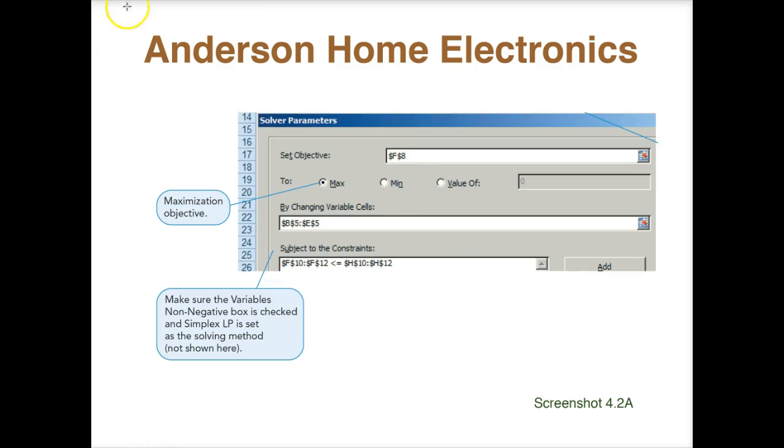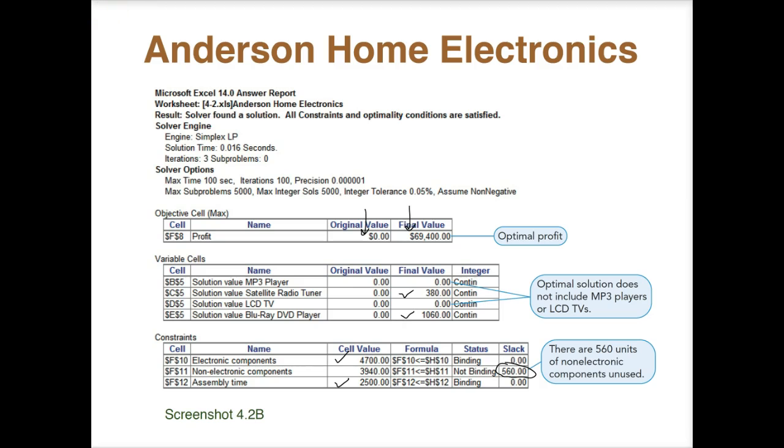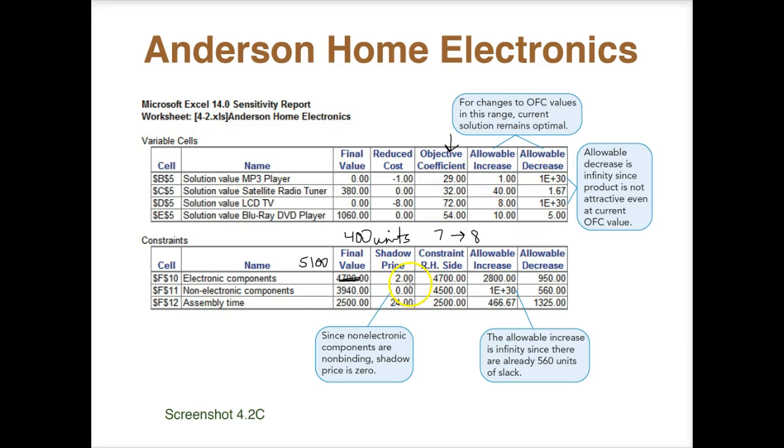And if we look at our sensitivity report again, you'll see that changing the 400 units is within the allowable increase and decrease. So here we know that we'll keep the same solutions.